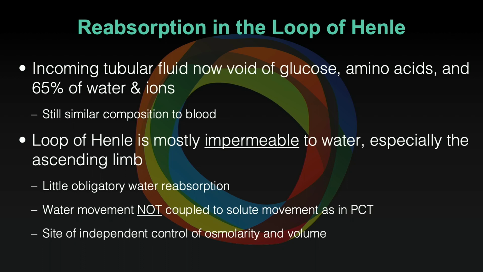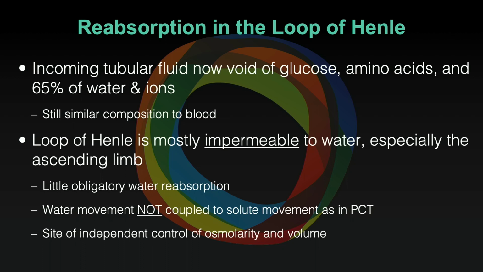We want to equalize concentrations. The body wants to maintain normal osmolarity in all compartments, but here it can't. Water can't move. And so the consequence is that while we continue to pump ions out, we get an imbalance in concentration between the tube and the cells or the body around the tube.